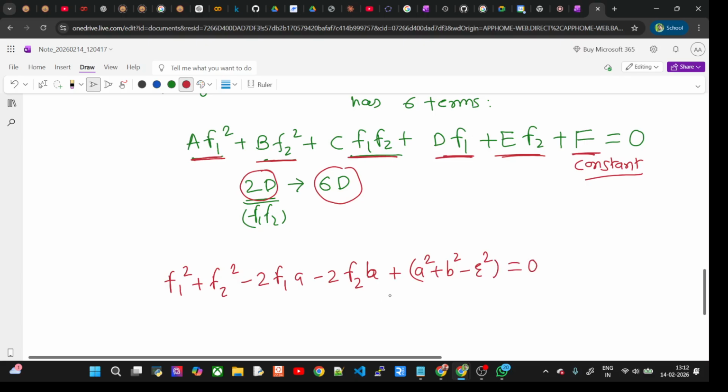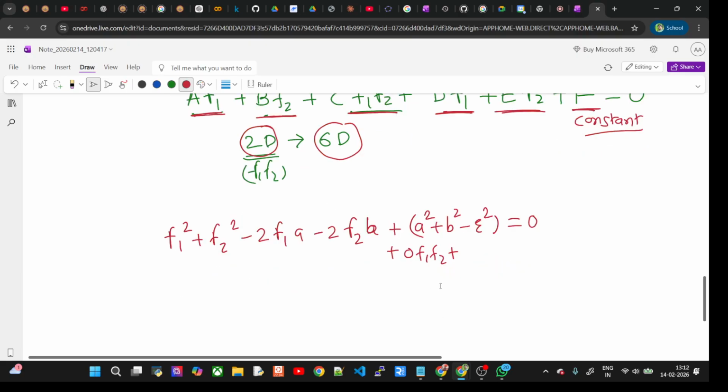And maybe you can write 0 into f1 f2, because this term is 0, just to make it present.